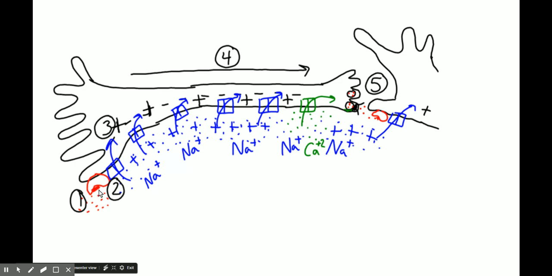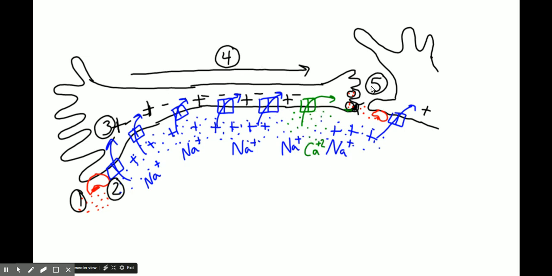We receive the stimuli. We flood in positive sodium ions. We build a localized charge of an action potential. We propagate that action potential along the entire length of the neuron by charging, opening, flooding, charging, opening, flooding, charging, opening, flooding, and that is what we call an impulse.